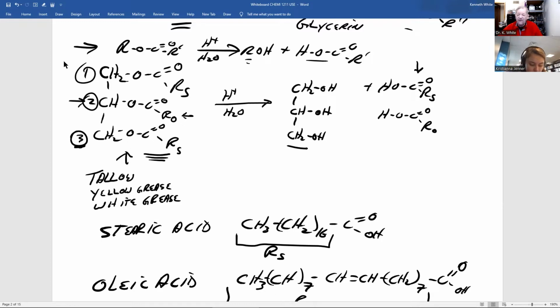So you don't have to write it again because the actual products would be glycerin, stearic acid, and oleic acid. Now, for those of you who want, you can put a 2 there, or you can rewrite it. You don't have to. But in reality, this reaction just gives 3 different products: glycerin, stearic acid, and oleic acid.